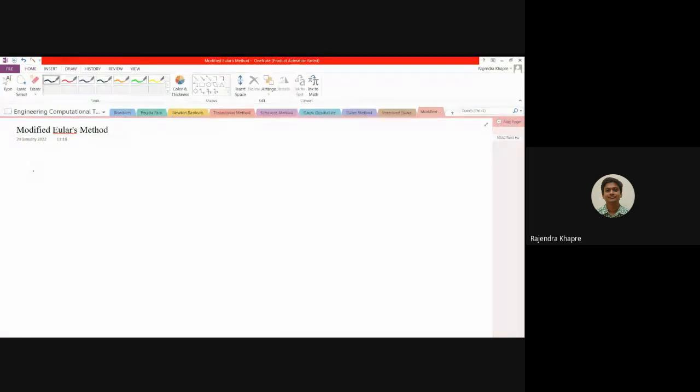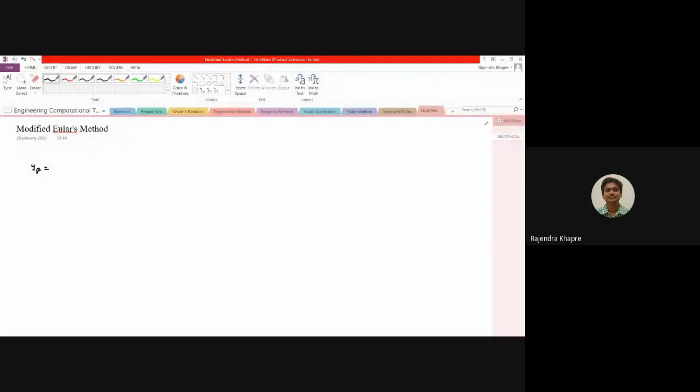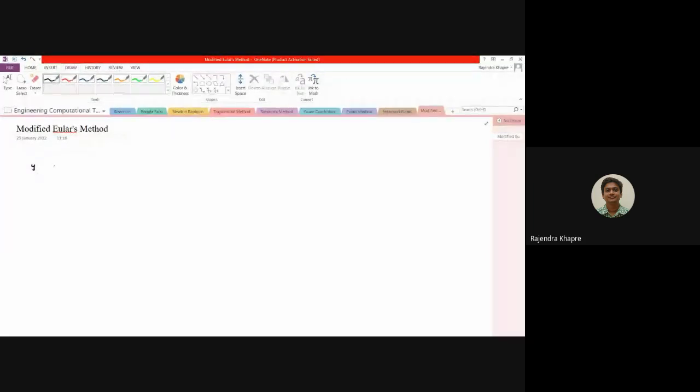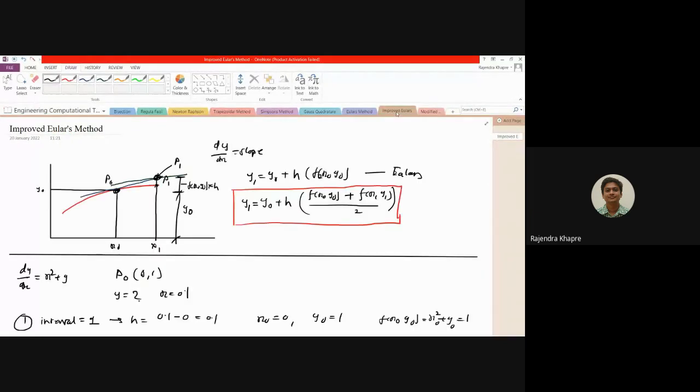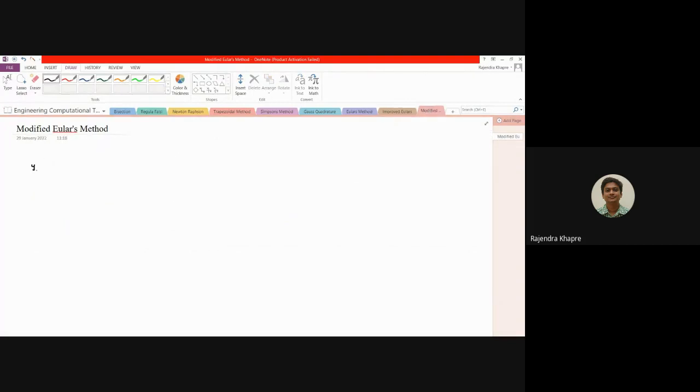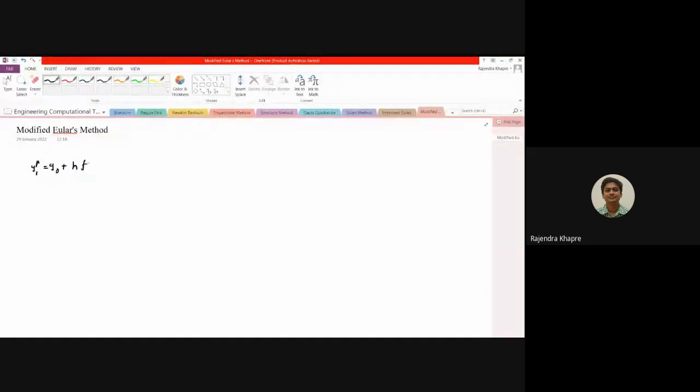I think we have used y0 and y1, right? So I'm saying y1 predicted can be calculated as y0 plus h into function of x0 and y0.